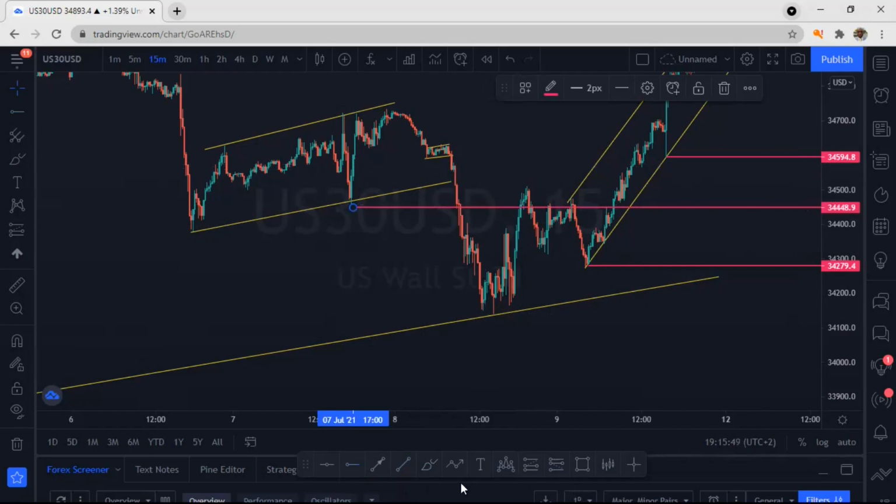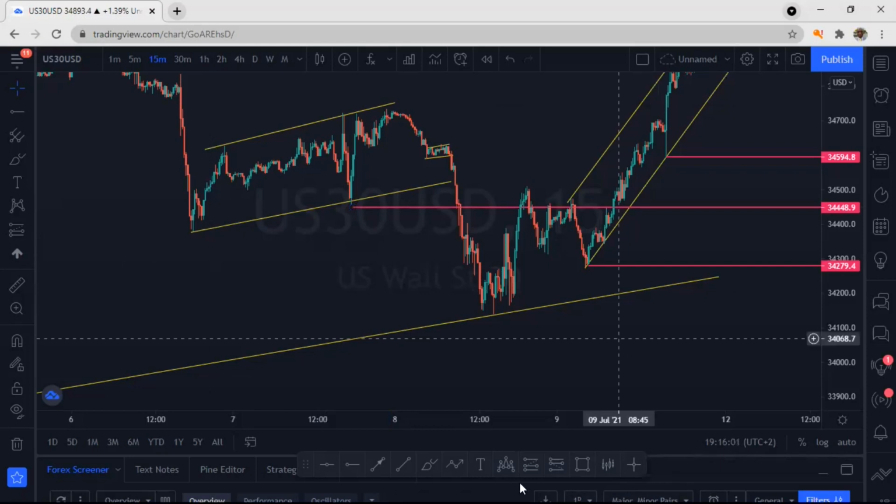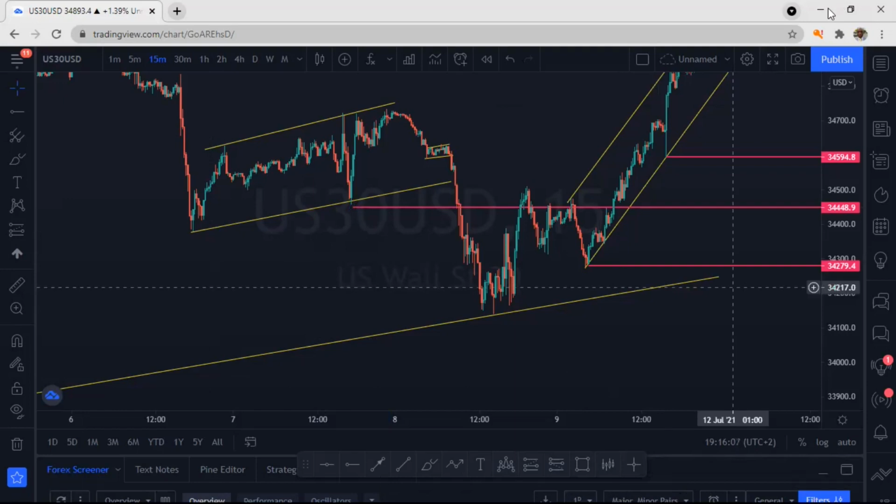Okay, let me just show you this trade. What is happening now? Why are my icons hiding? Where are you hiding? I can't go to my thingy now.